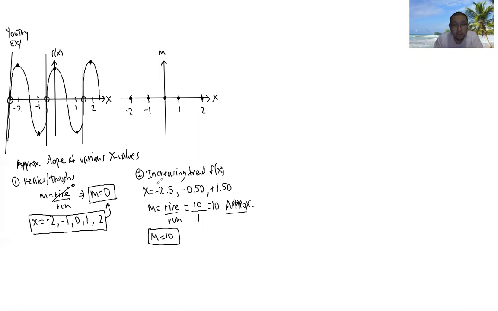And so we're going to plot that at these x coordinates on our f prime of x curve, okay? So again, at x is equal to negative 2.5, which is here, right? We're just going to say 10 is all the way up here. And so at x is equal to negative 2.5, we're going to have a point at slope is equal to 10.